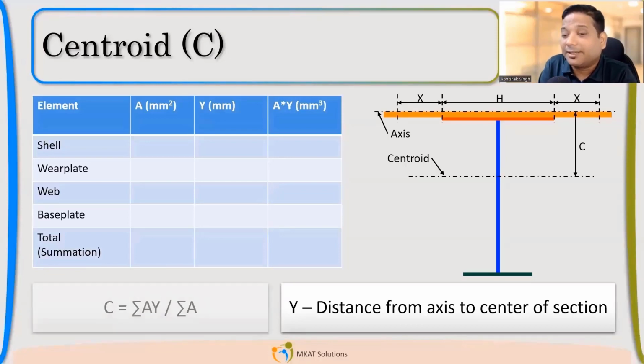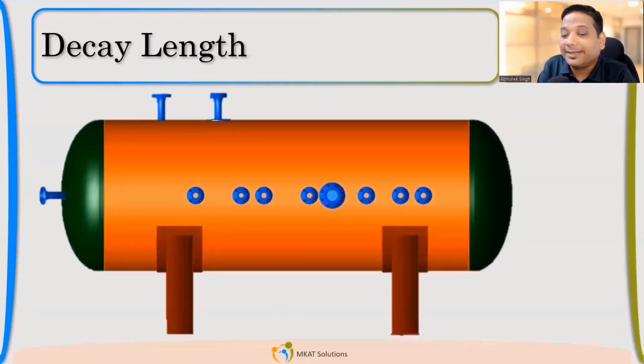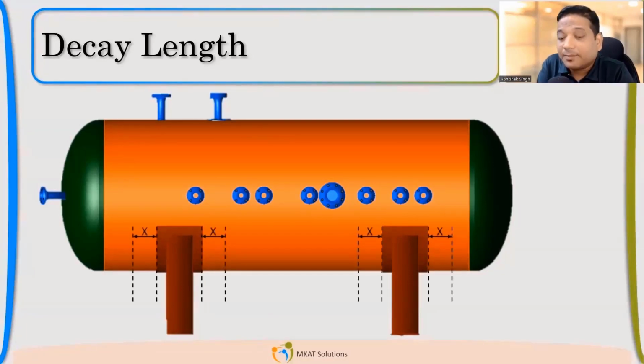Okay. Now, let me give you a little insight, just for visualization, of what exactly we're talking about. See, if this is the vessel and it is getting supported, definitely you will feel that this area will be experiencing some of the stresses. Up to some length, there will be an effect of this support. After that, maybe this point will not have any stress because of this support, but up to some length, definitely there will be some stresses.